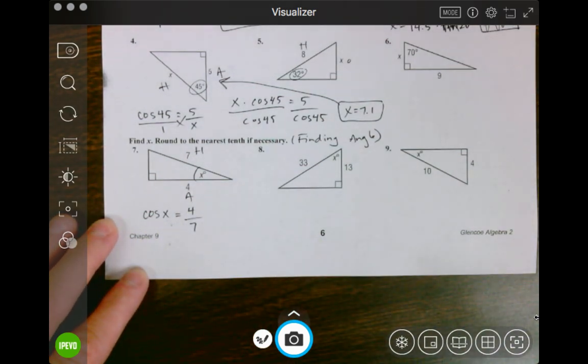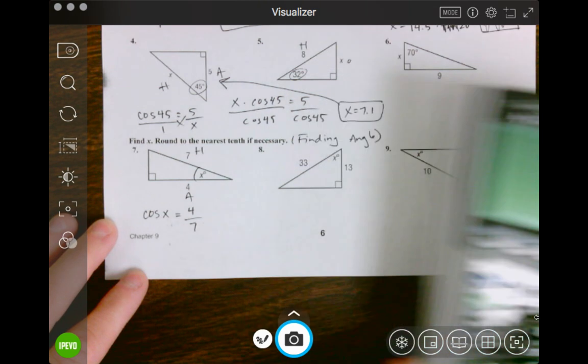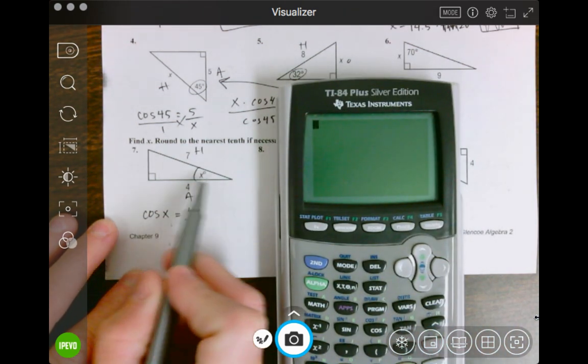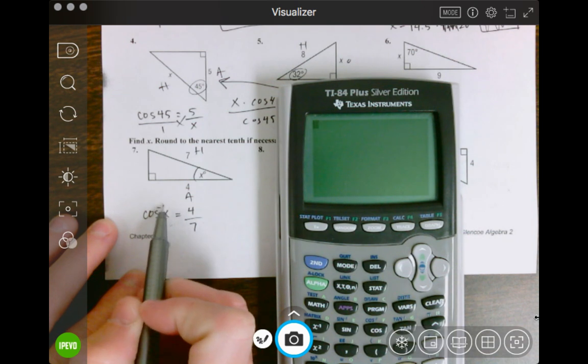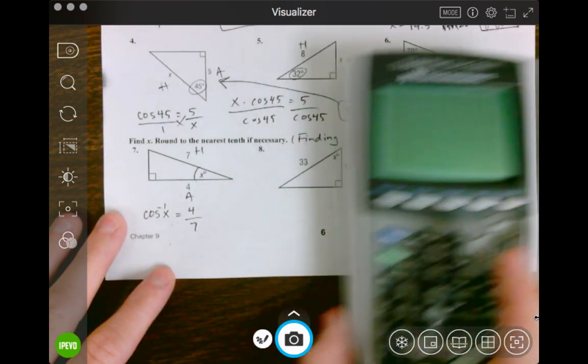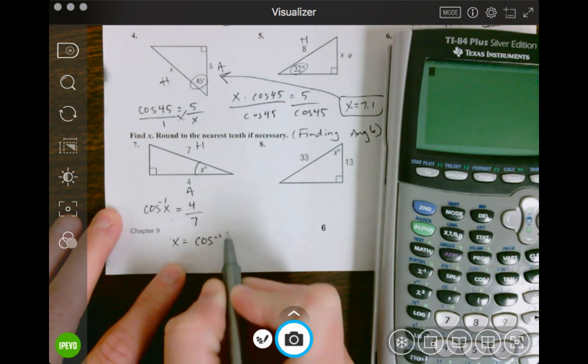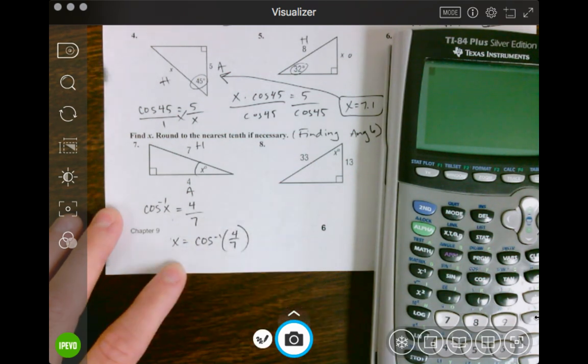So we have to use our inverse function on our calculator. Oh, I'm not showing you guys, am I? So since I'm finding an angle, you need to use your cosine inverse. So to find x here, we would do cosine inverse of 4 over 7.